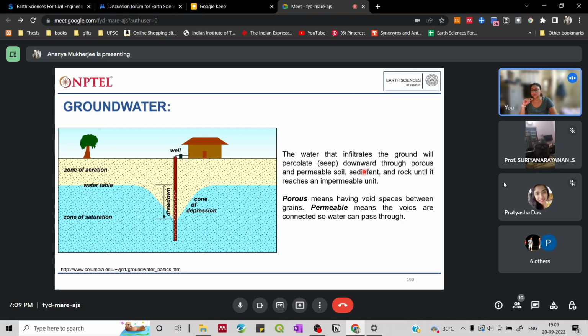Okay, so you can see that this area is, as I said, a moist area, and it can transport water.